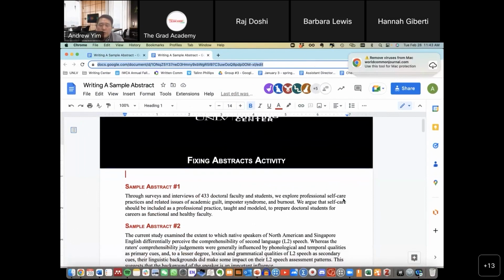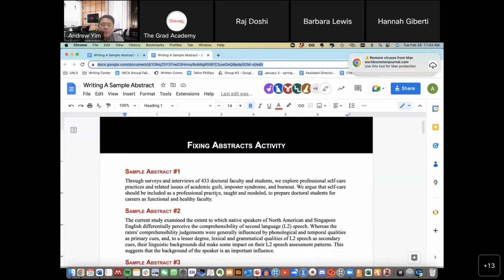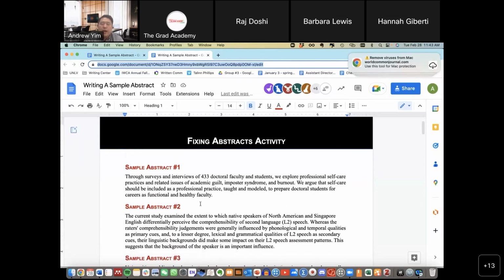We're going to work on sample abstract 1 first, and then if we have time, we might move to abstracts 2 and 3. Now that we've talked about the overall functions of an abstract, the IMRAD model, and looked at examples, I want to take the last part of today to do application.